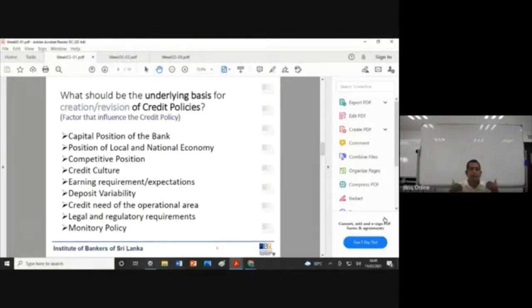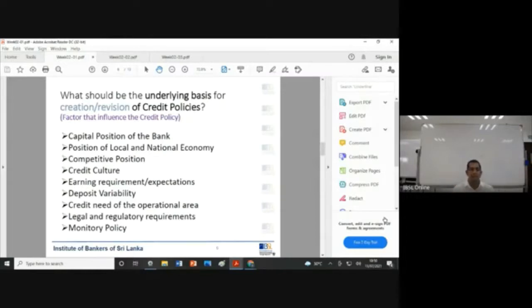Then the competitive position. When all banks are lending, I can't say, no, I'm not going to lend, I will be lending only to the super good people. That can't happen, then we will run out of business. So you have to match the competitive position. Then the credit culture, that is how the management looks at and evaluates credit. I spoke to you about the three cultures.